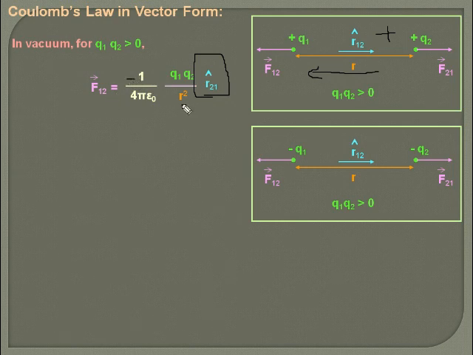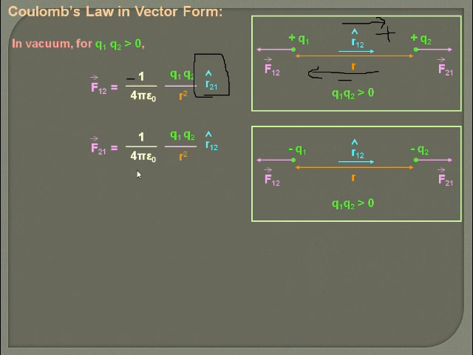The force on q1 is said to be 1 by 4 pi epsilon naught q1 q2 by r square times r21 with a negative sign, since we are considering this direction as positive and the opposite direction as negative. Okay, by Coulomb's law we can also express the force on charge q2 by q1.